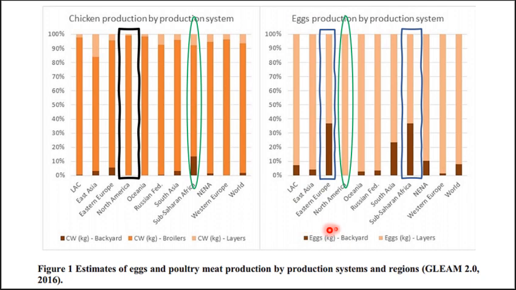Yung darker is for backyard eggs. And then for the lighter shade is layer eggs. Okay? Sub-Saharan Africa, of course, they are raising backyard chickens, so mataas. And then we also have here Eastern Europe. Although konti lang yung production nila ng backyard chickens, marami yung napoproduce nilang egg. So sila yung pangalawa when it comes to egg production.